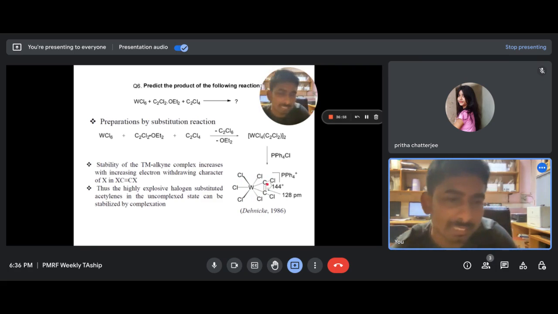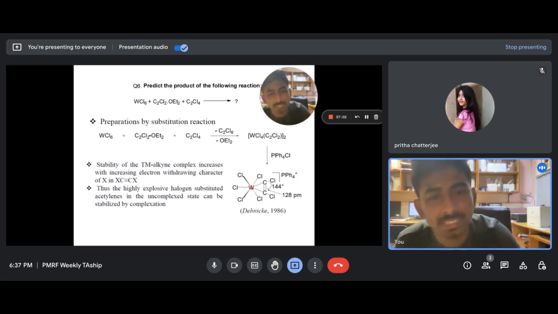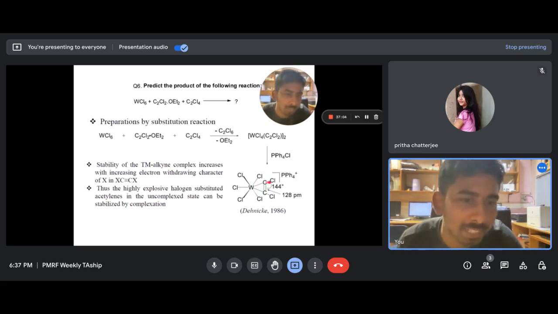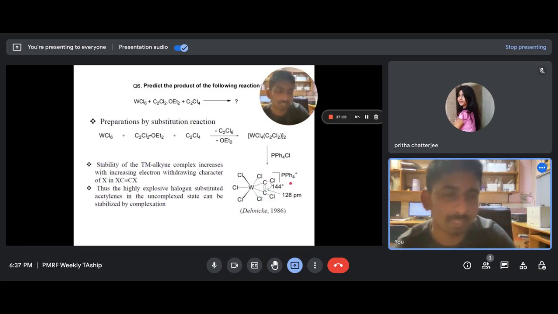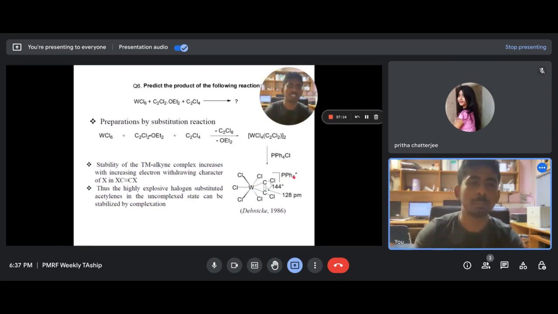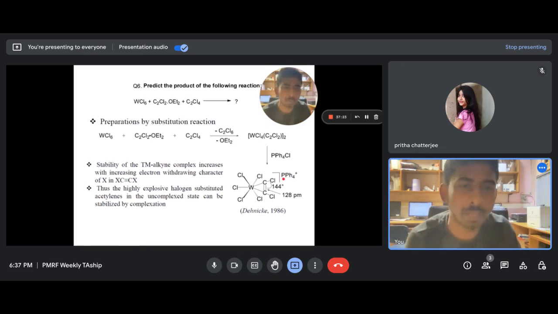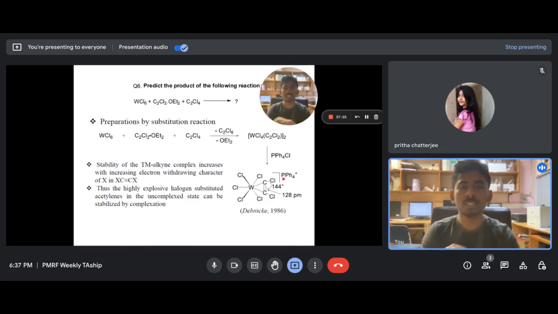So there are 7 negative charges, and there is a +6 system. So +6 minus 7 is -1. That is counter-stabilized by the large PPh4 plus or tetraphenylphosphonium kind of system. Since this anion is quite large in nature, these PPh4 plus systems are taken up here. PPh4 plus is such a large counter cation, so it will be stabilized by the corresponding large anion.